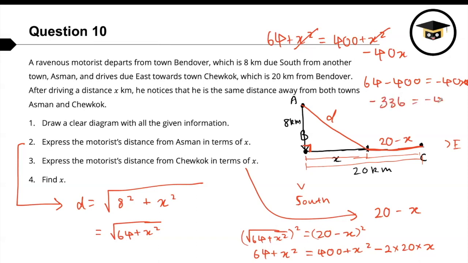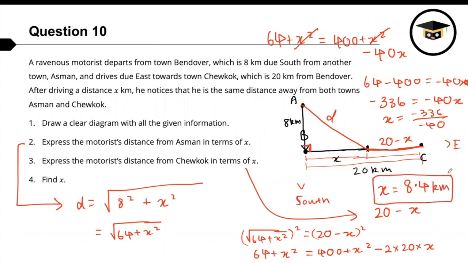That's equal to negative 40X. So X is equal to negative 336 over negative 40. And our final answer would become equal to 8.4. So X is equal to 8.4 kilometers, or just 8.4, I guess. So hopefully question 10 makes sense.